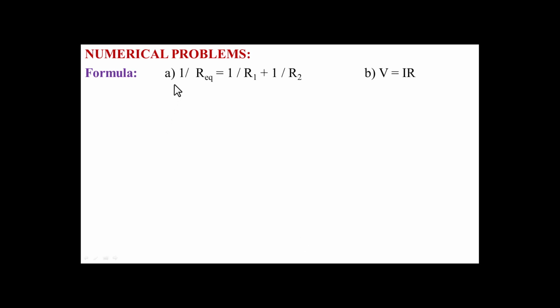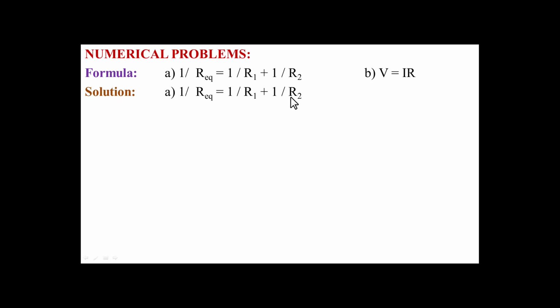For the first part, in a parallel combination, 1 upon R equivalent is equal to 1 upon R1 plus 1 upon R2. And for the other parts, we use the formula V is equal to IR according to Ohm's law. Similarly, we can find the solution. So in part A, 1 upon R equivalent is equal to 1 upon R1 plus 1 upon R2.